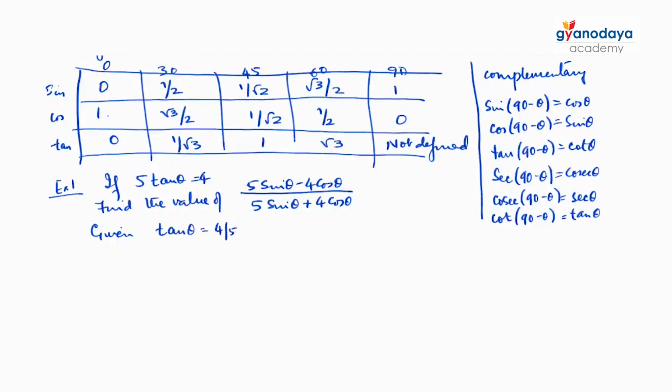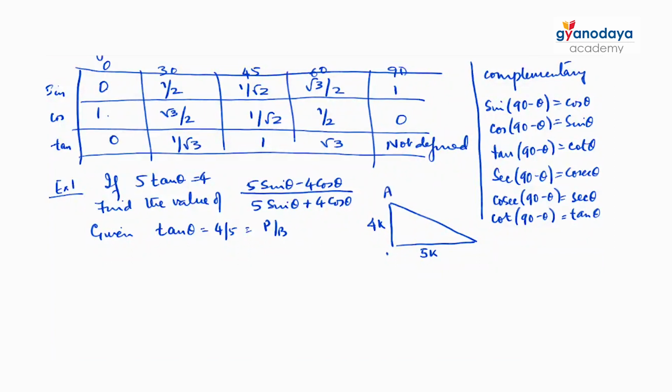There are two ways of doing it. One, what you can do is draw a right triangle. We know tan theta is perpendicular over base, so perpendicular is 4k and base is 5k. Tan theta is 4 by 5.